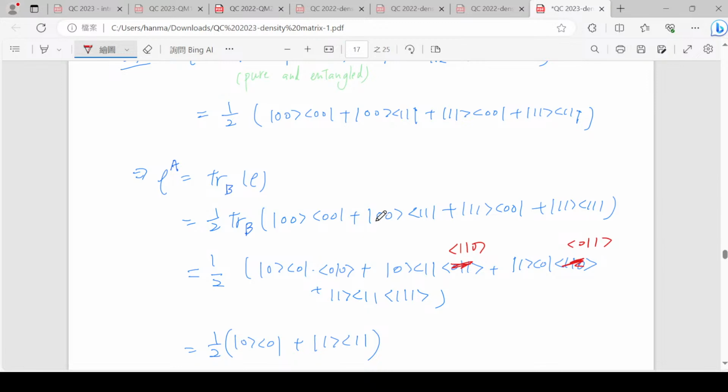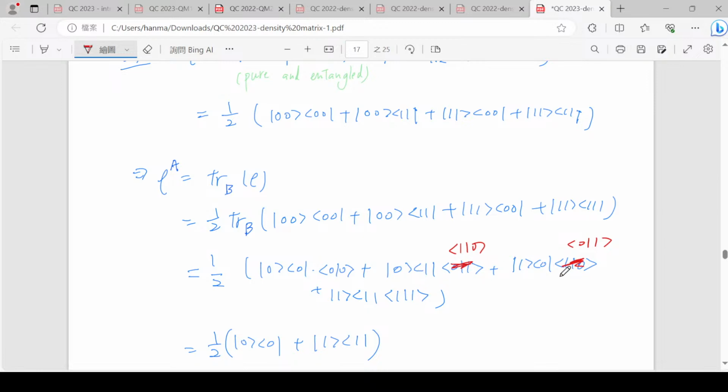So on the second part, on the A part you have |0><1| left over, and on the B part you have the inner product between 0 and 1, and the other terms are similar. On the A part you have |1><0|, and on the B part you have the trace of that, so it's the inner product between 0 and 1. And finally on the last part, you have |1><1| on the A part, and on the B part the inner product between 1 and 1.